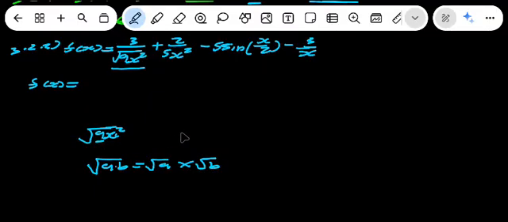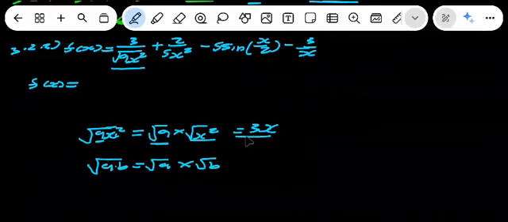This will be the same as the square root of 9 multiplied by the square root of x squared. The square root of 9 is simply 3, and the square root of x squared will be x, so 3x. Hope you get what I'm doing there.